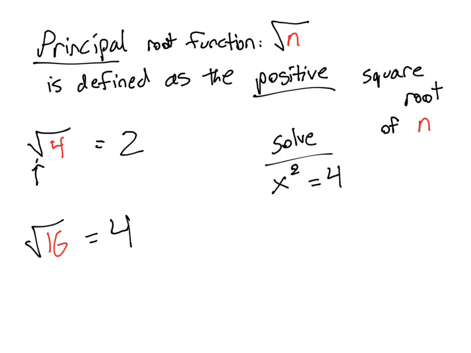So the solution to x squared equals 4 is both the positive and negative square root of 4, plus or minus 2. Or if we want to solve the equation x squared equals 16, the solutions to that equation are both of the square roots of 16, the positive and negative.